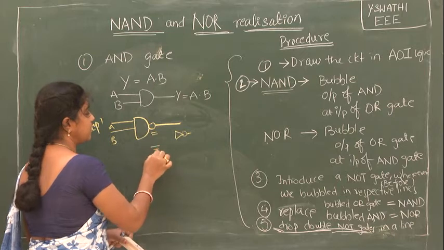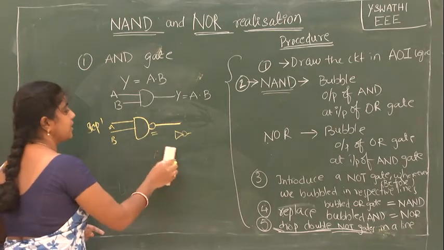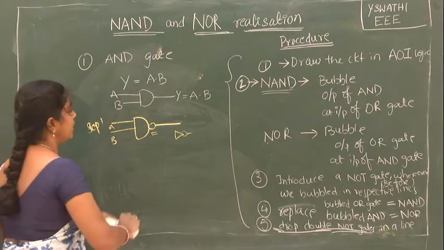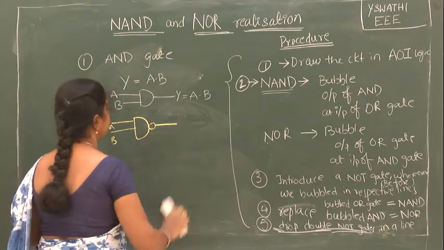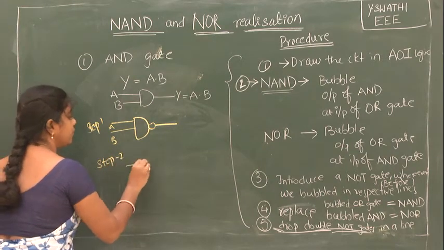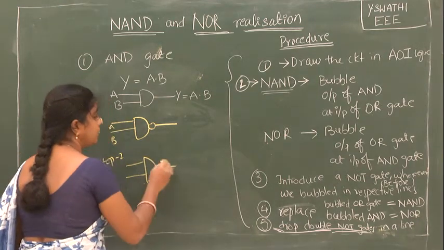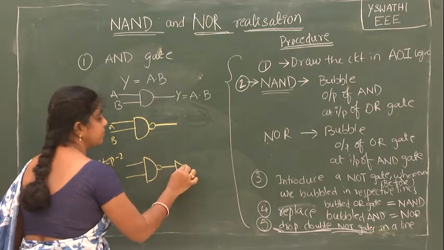If double inversion happens, the double complement of any variable or term is the term or variable itself. That's why, in step 2, I have to introduce a NOT gate after the bubble.